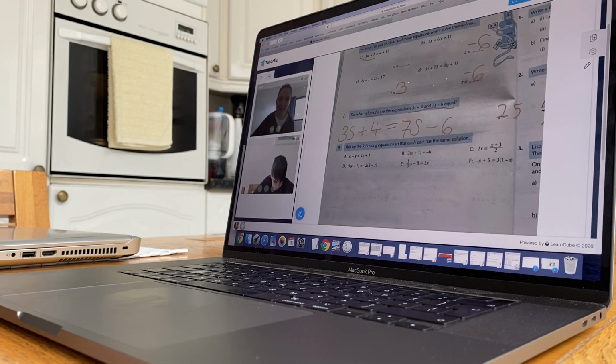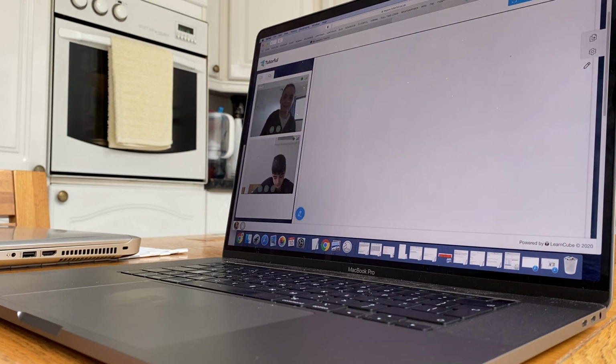So I'm just going to write a 1 next to A, and then we're going to have a go at B. So B is 3 times (x plus 1) equal to minus 6.